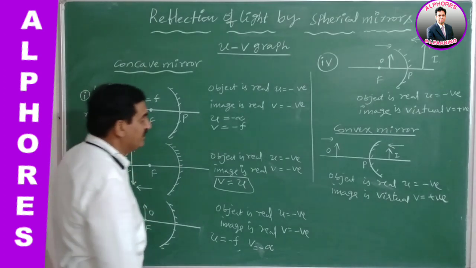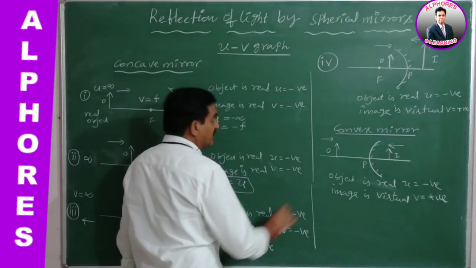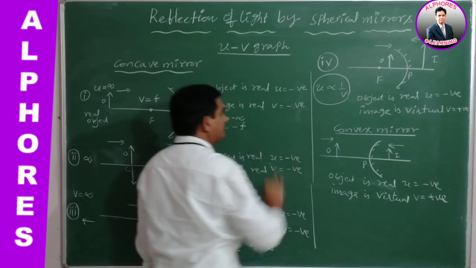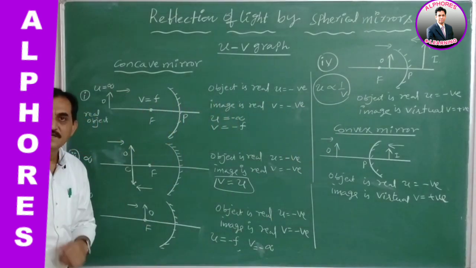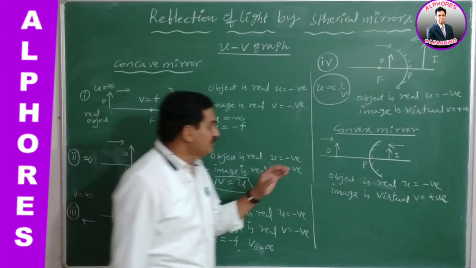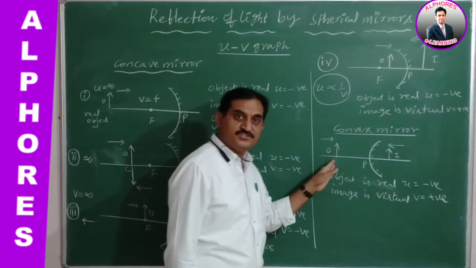Therefore the relation is that U is inversely proportional to V for all these cases. Even for a convex mirror, the convex mirror always gives a virtual image for a real object.